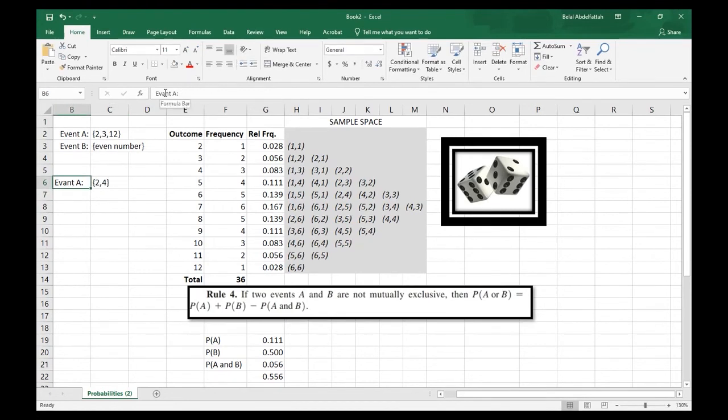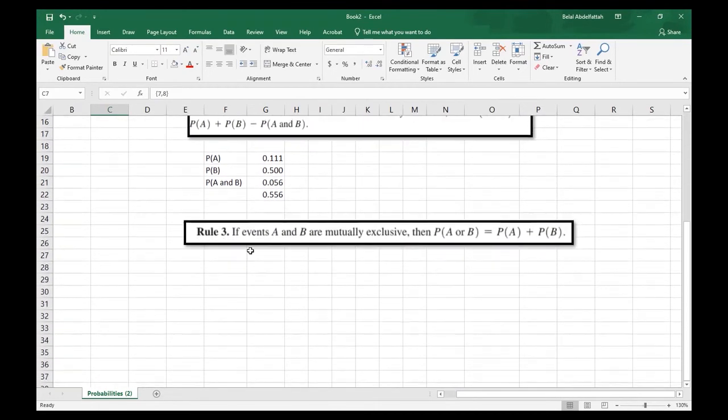Let me just correct that. And event B, 7, 8. Notice the outcomes in these events do not overlap. So these would be mutually exclusive, and you can apply this formula here.